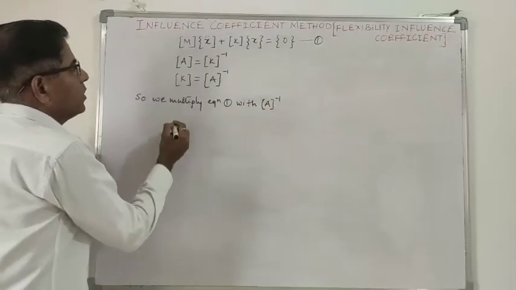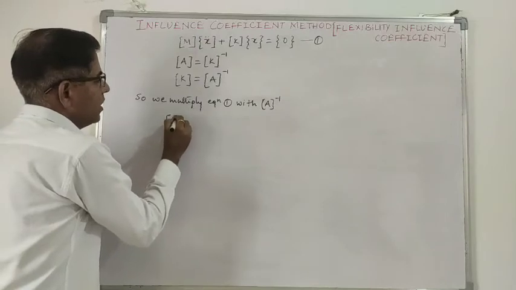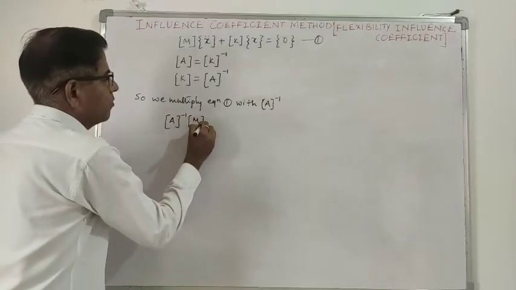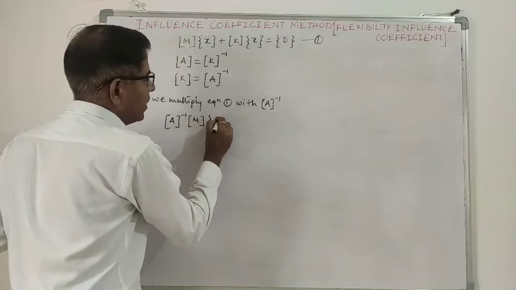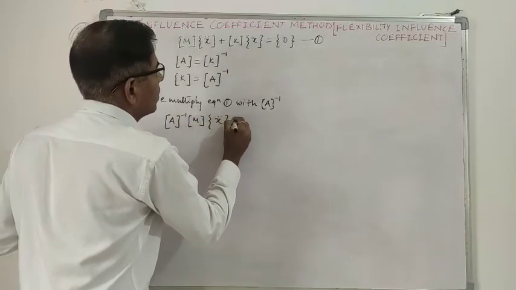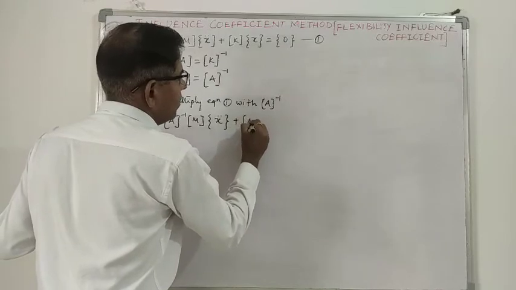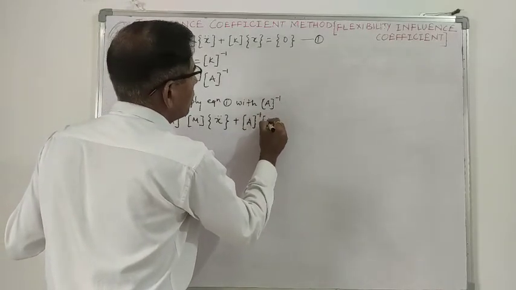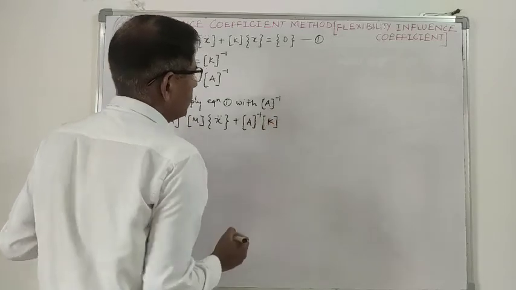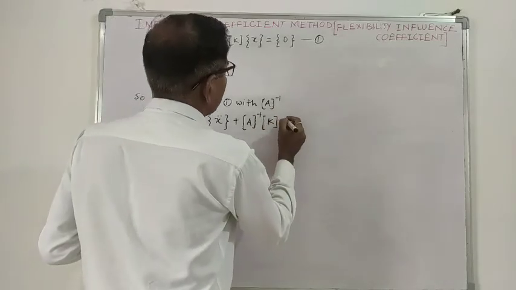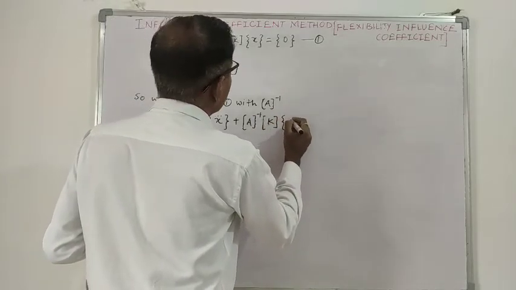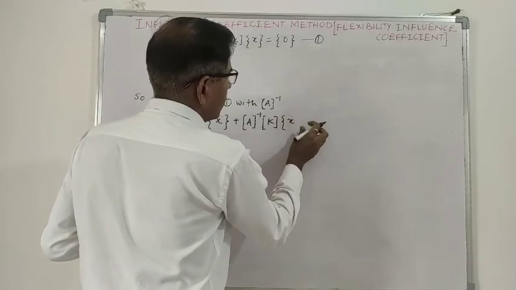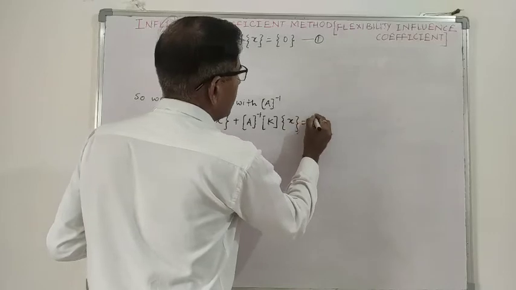So equation 1 becomes A inverse multiplied by M into X double dot plus A inverse into K into X is equal to 0.